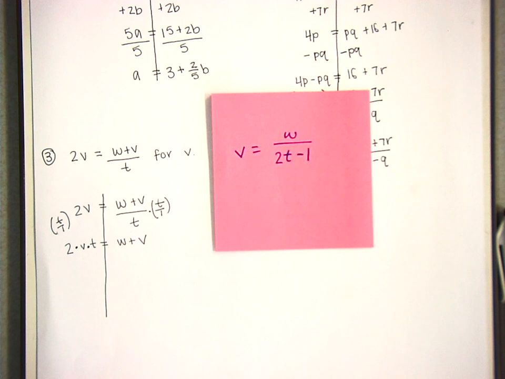I like this a lot. But when you watch your V's now, so it's 2VT minus V. One has a V, and one has a V. Exactly. Now put a V on the outside and back. What's your V?